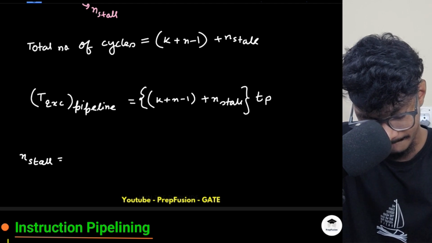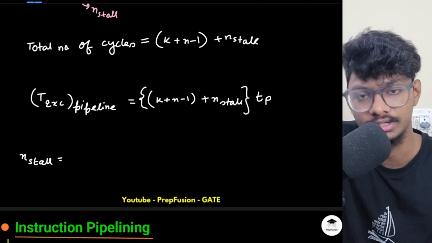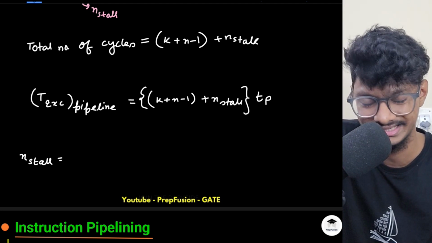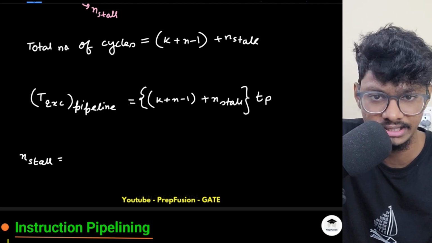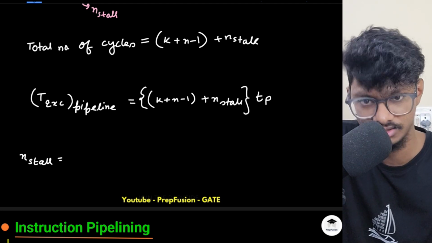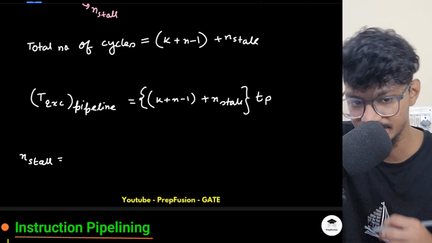N stall will depend on when the branch condition gets evaluated. It can be evaluated in the execution stage, or in the decode stage, or anywhere. It depends on the question. If nothing is mentioned, you will assume the execution stage, but generally they will mention it.